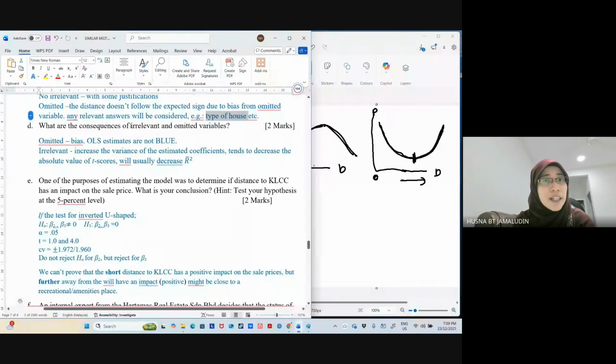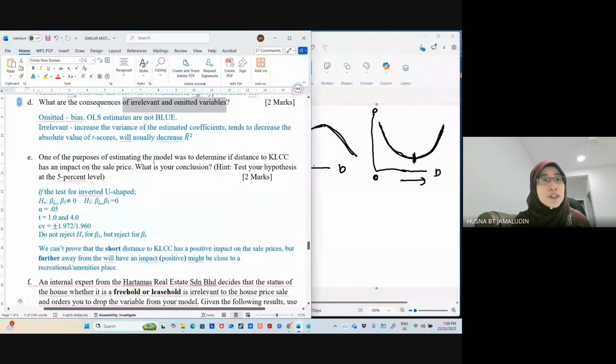Consequences of irrelevant and omitted variable. Okay, so second question will be straightforward, but then you have to justify. And then you will also see hypothesis testing. For this case, remember your distance could be increased or decreased. It has squared, right?